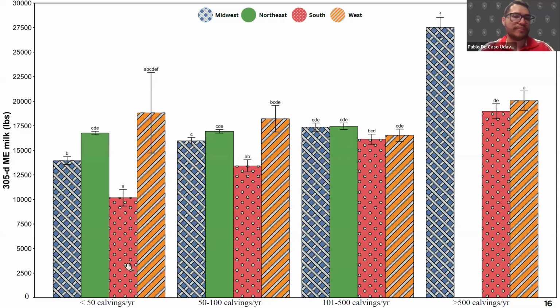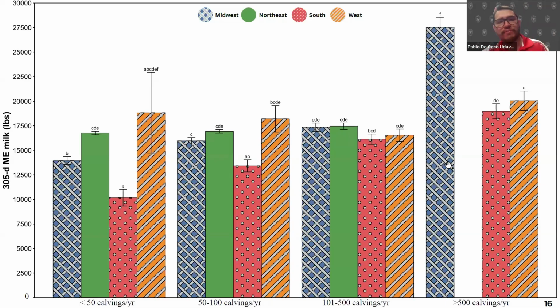When we're looking at less than 50 calvings, the standard error bar, which is the black line, is very wide. It lets us understand that the variation is quite high, and it's because there are maybe not a lot of herds under 50 calvings per year for that specific region.